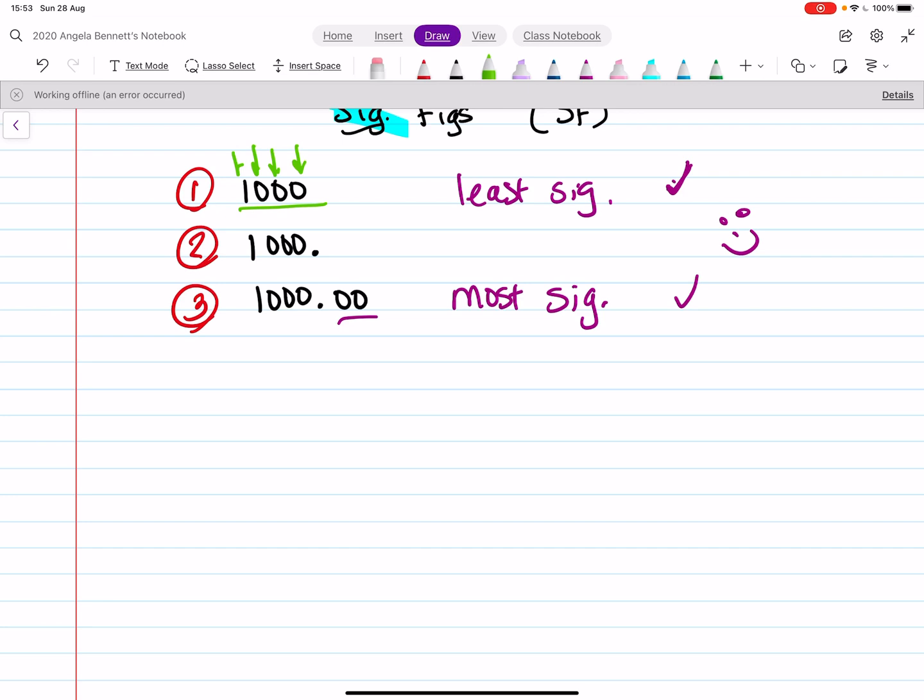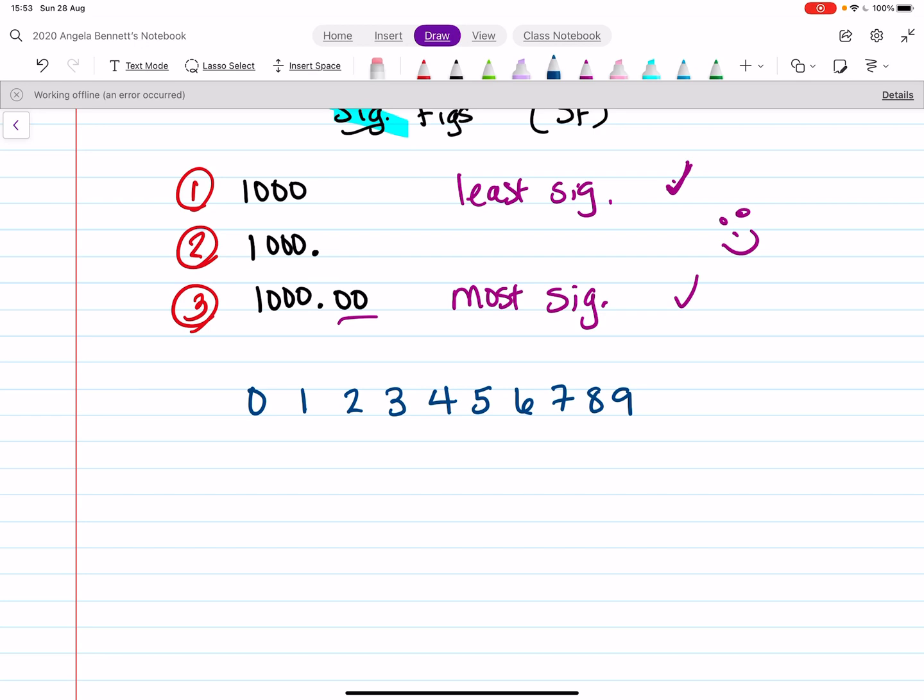They're not all significant though. Some digits are significant and some are not. So let's talk about the 10 possible digits you could be. You could be 0, 1, 2, 3, 4, 5, 6, 7, 8, and 9. Those are the 10 possible digits.